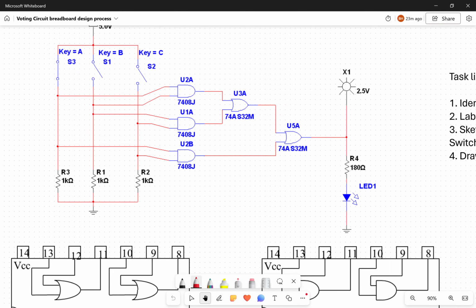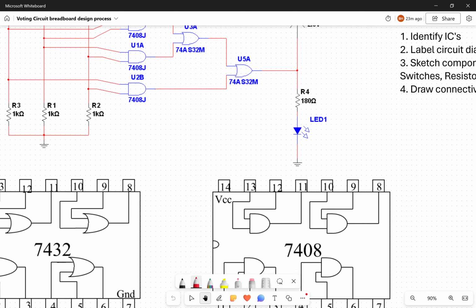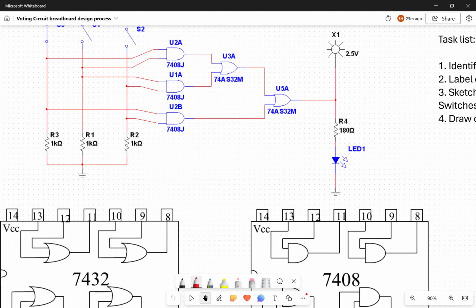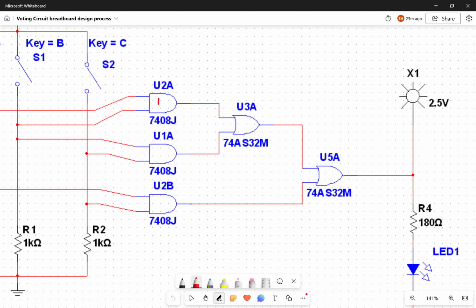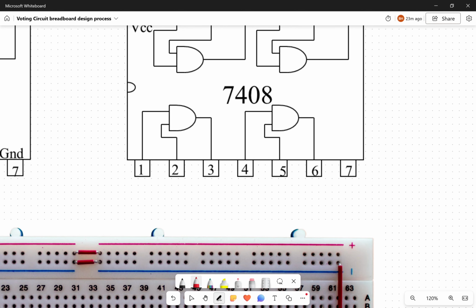Now to do this, we need to reference the gates and also the ICs and the pins of these chips. What I prefer to do is label up the individual logic gates on the circuit diagram and marry that across to what we've got over here.